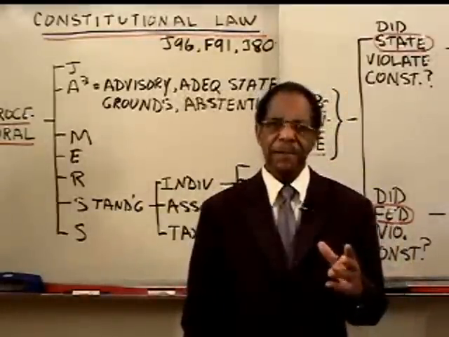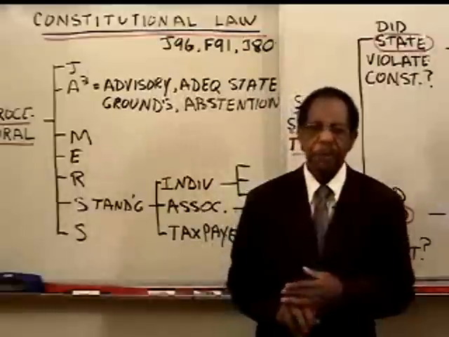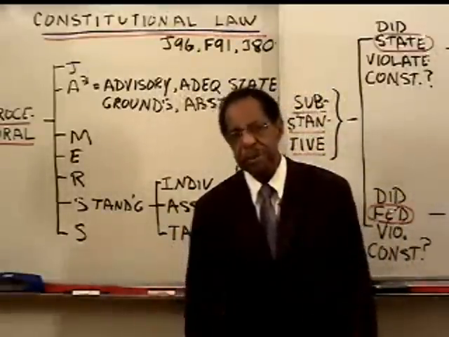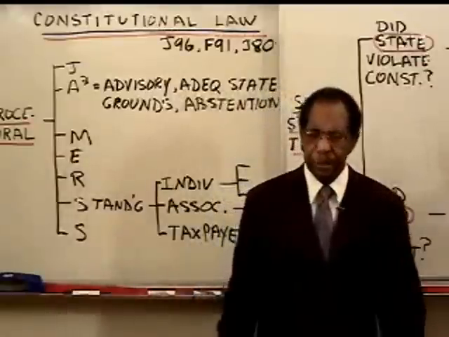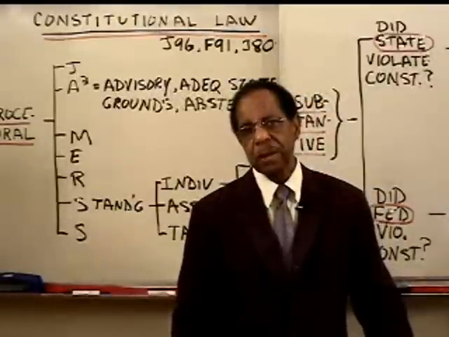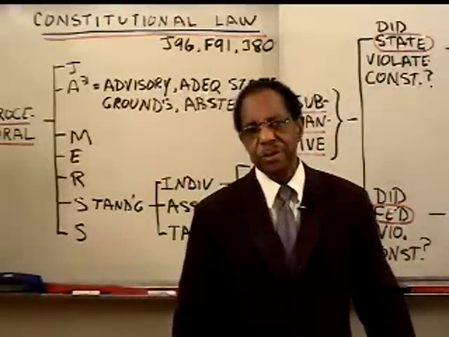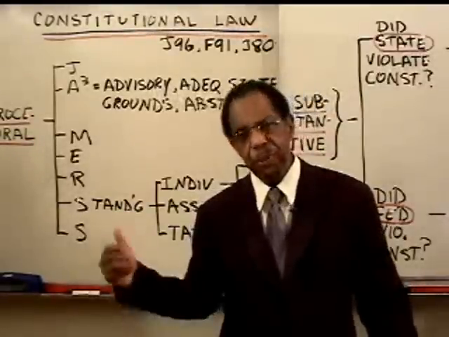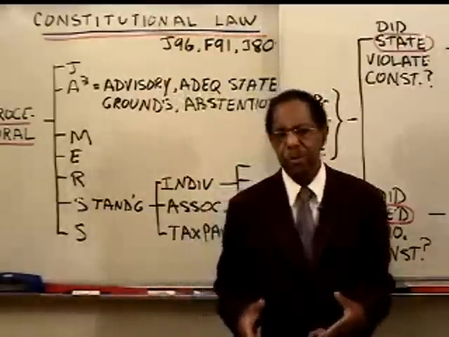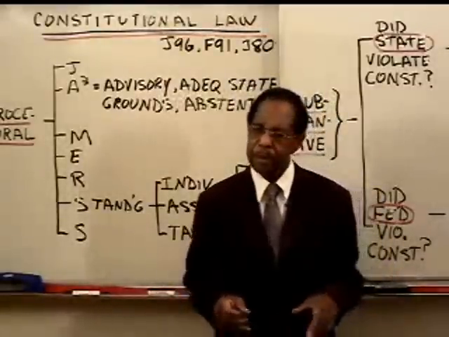Now be careful about the abstention doctrine because of those requirements. First of all, you need a law which could be interpreted in such a way that it could be saved. And if there's no rational way to save the state law from violating the U.S. Constitution, there's no point going to the state courts. So first, it needs to be a rational way that you could save the state law.